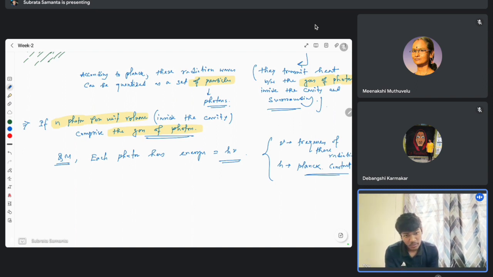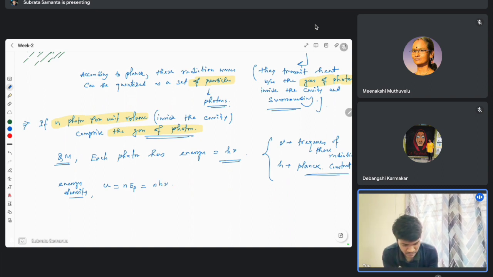So each photon has energy h nu, and there are n photons per unit volume. So the energy density of the gas, U, is n times the energy of each photon, n h nu.